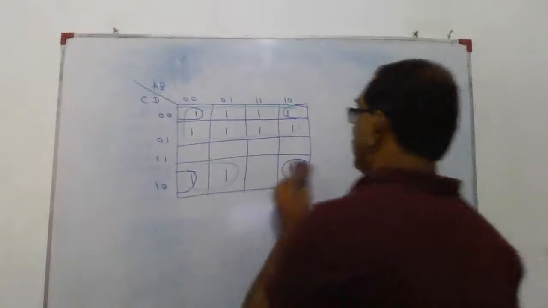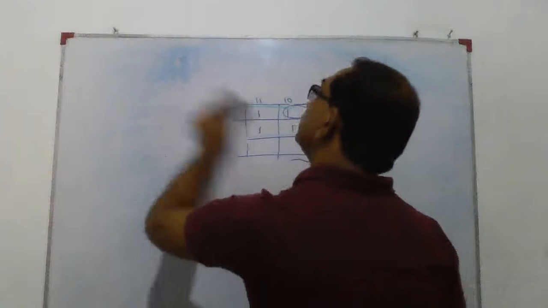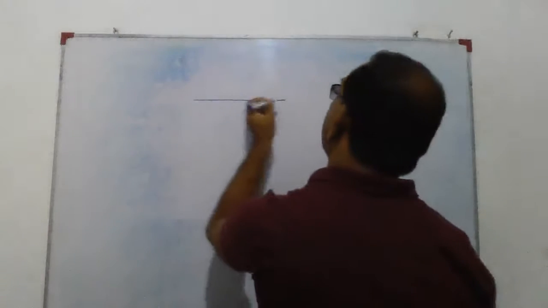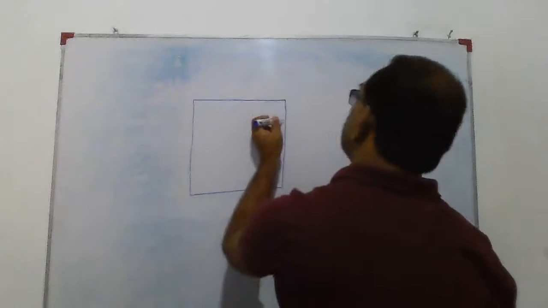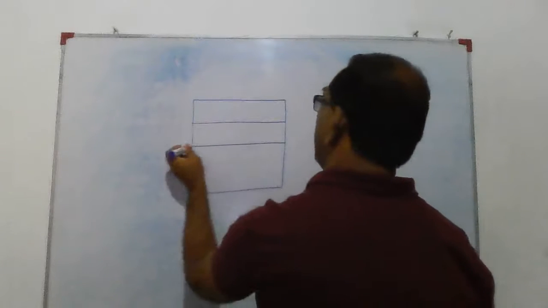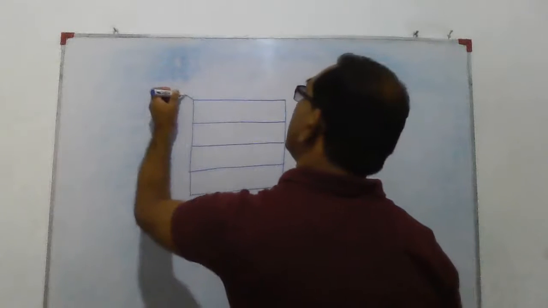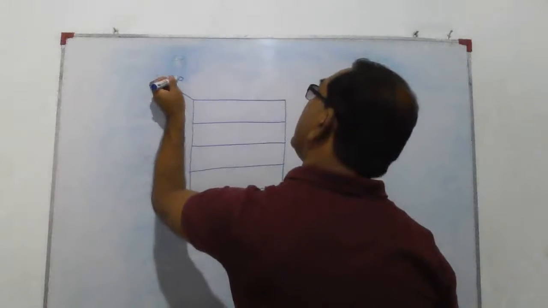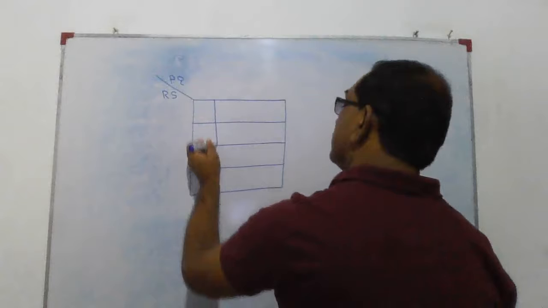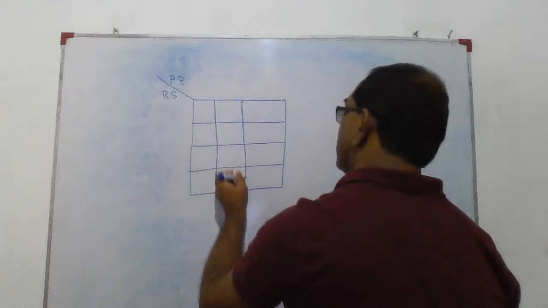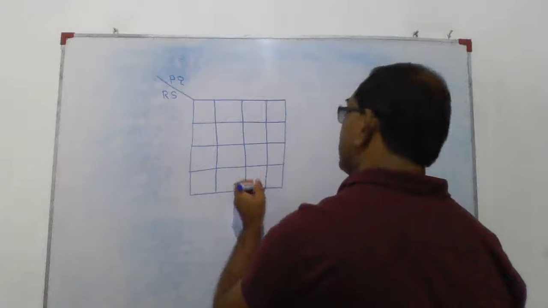Let's draw another one. Now suppose you have a K-map like this. This time I would like to make a change, and I say the values are P, Q, R, S. If you see different values in the exam, no problem.